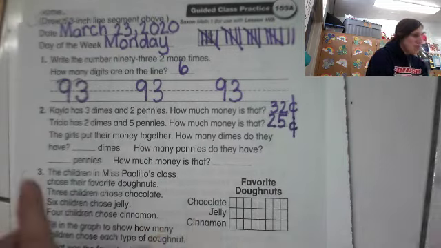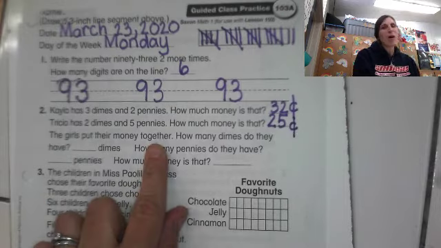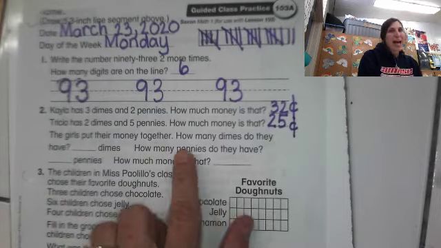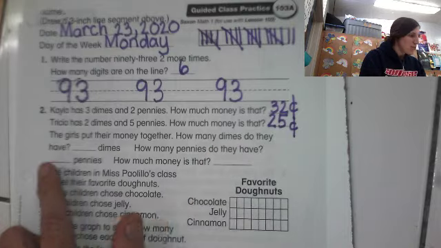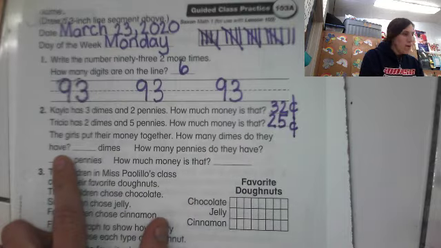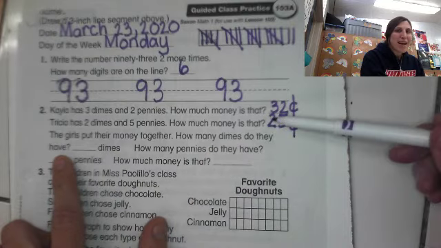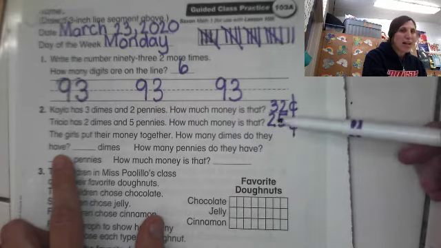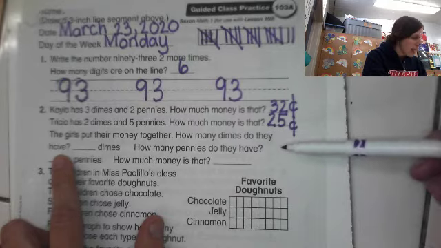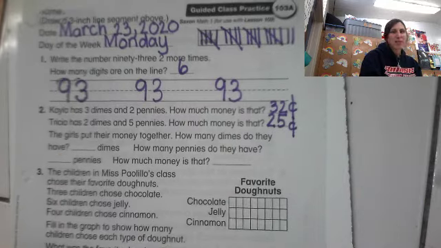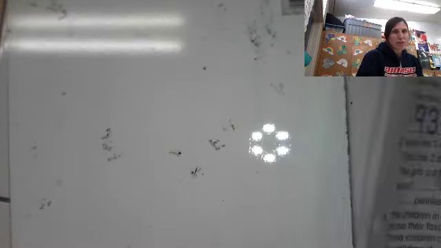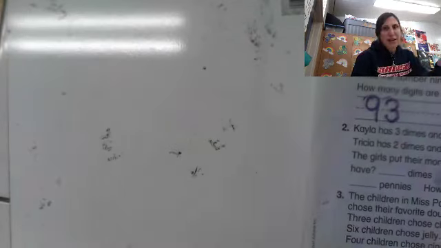So the girls put their money all together. How many dimes do they have? Well, I want to look at the dimes. I want to know how many dimes they have all together. So I want to stop and make a little picture here for you as we are problem solving.